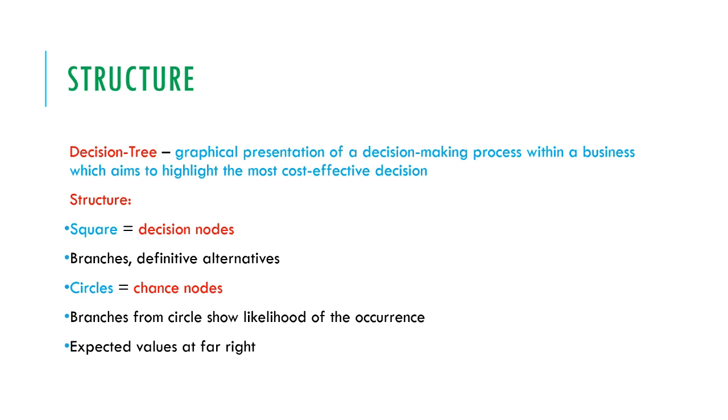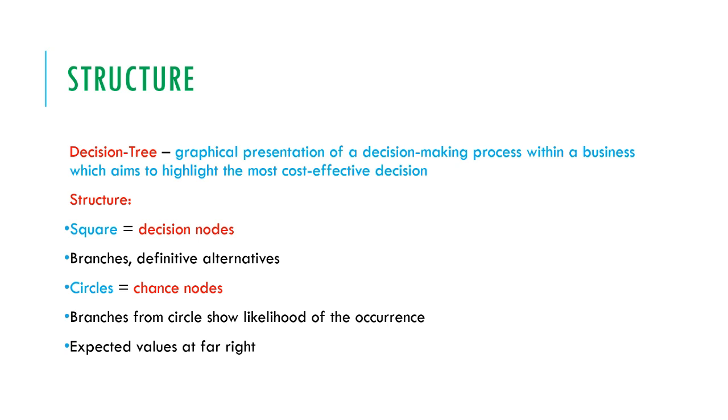So the structure then: a square box is known as a decision node, and the branches coming off of it are definitive alternatives, the alternatives of the decision. What can you do? Circles are known as chance nodes, and branches from the circle show the likelihood of that occurring.